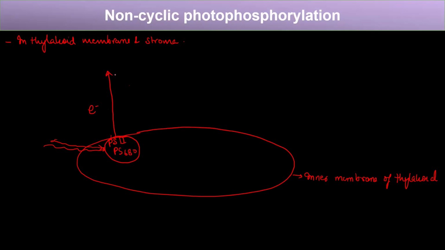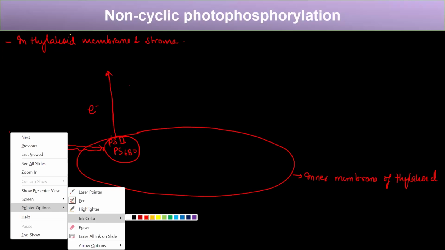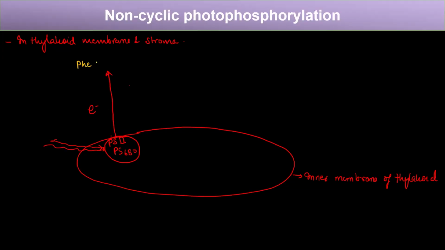So the electron that is excited from here will be received by an electron carrier component known as pheophytin, that is represented by P. Okay, it has received the electron.